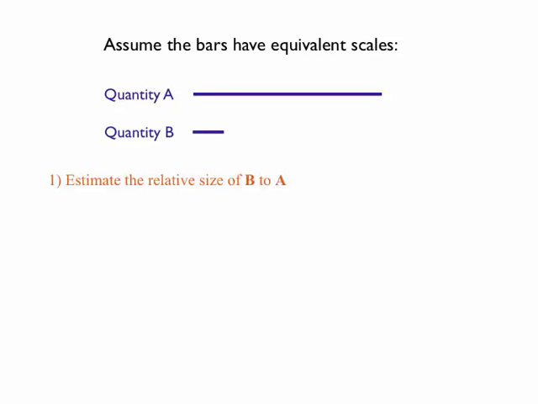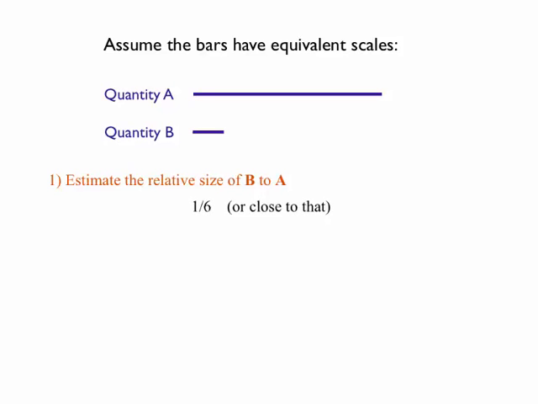One more try. Size of B relative to A. Relative size of B to A. About 5 or 6. Something like that. B to A. So 5 or 6. 1/6.